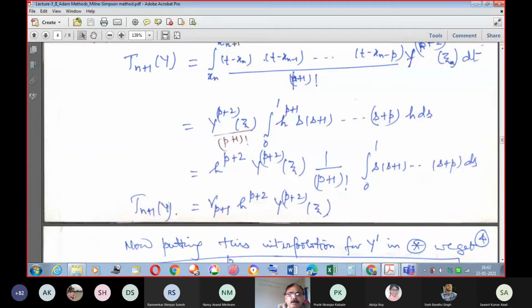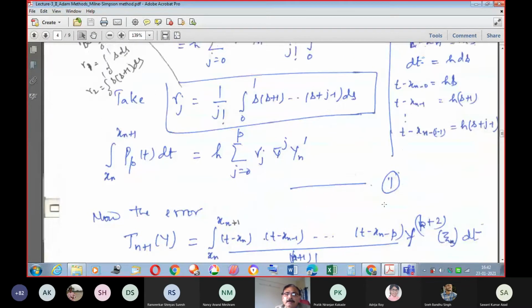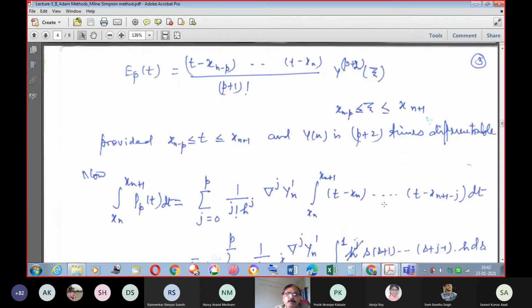And then the local truncation error can be written as gamma p plus 2 s to power p plus 2 times the p plus second derivative of y at the point psi. This method is called Adams-Bashforth method.